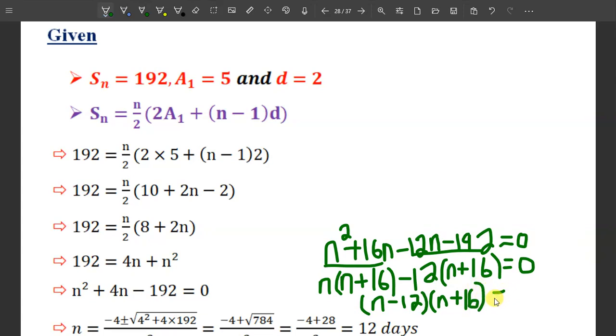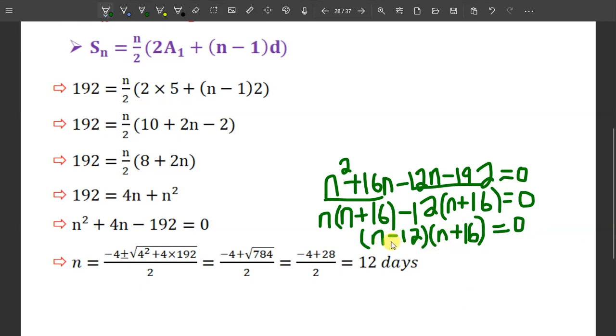In mathematics, A times B is equal to 0 means either A is equal to 0 or B is equal to 0 or both. Here n minus 12 times n plus 16 is equal to 0 means either n minus 12 is equal to 0 or n plus 16 is equal to 0 or both.